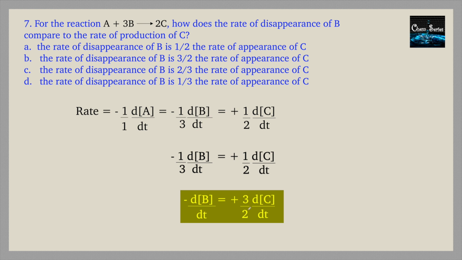No, right? It is 3 by 2 times the rate of appearance of C, so the first option is not correct. Coming to the second option, the rate of disappearance of B, that is minus d[B]/dt, is 3 by 2 the rate of appearance of C. So your correct option is B. This is how you will find out the answer for this question.